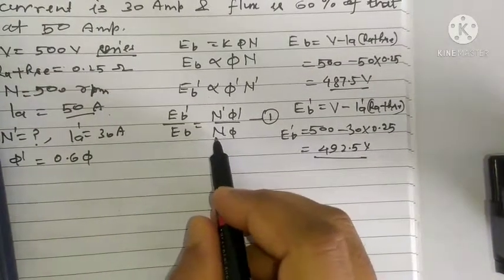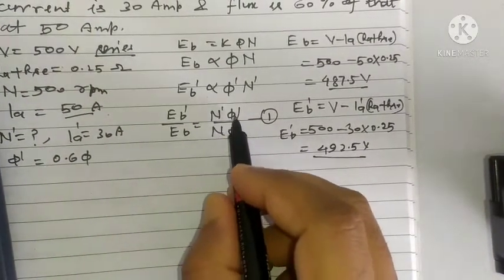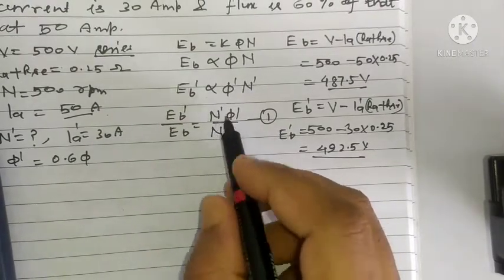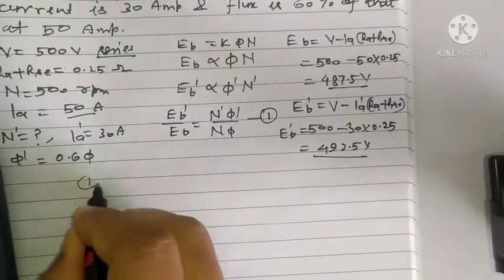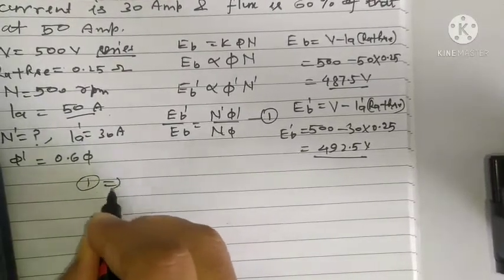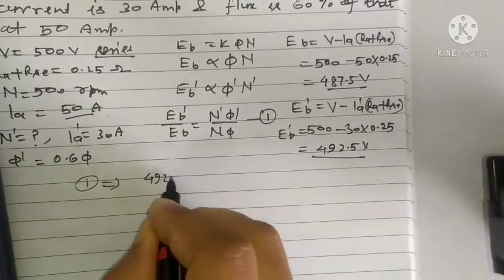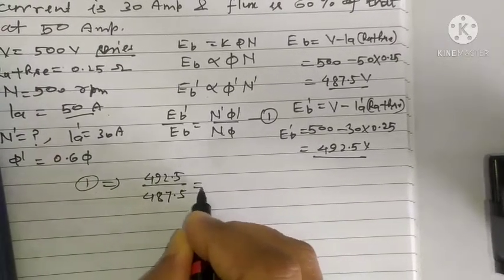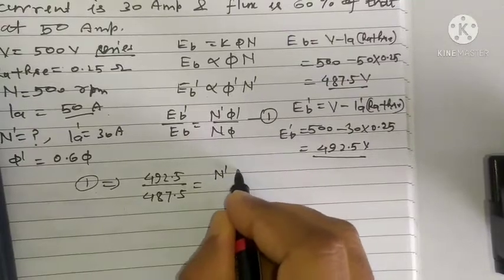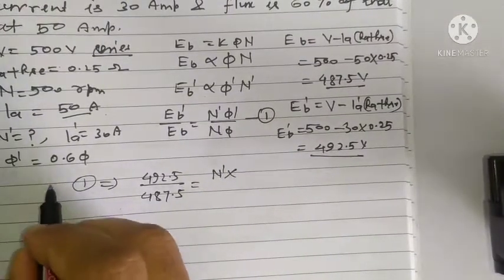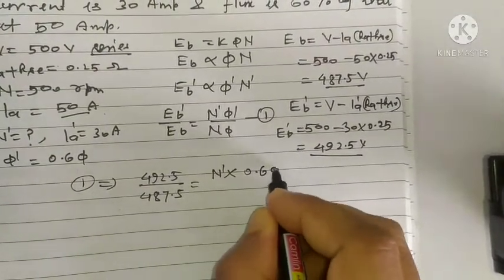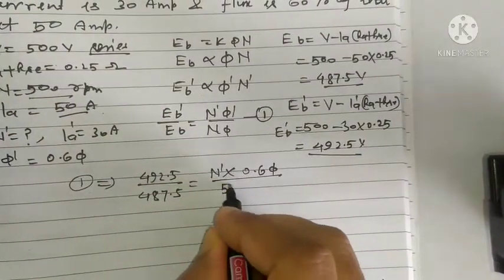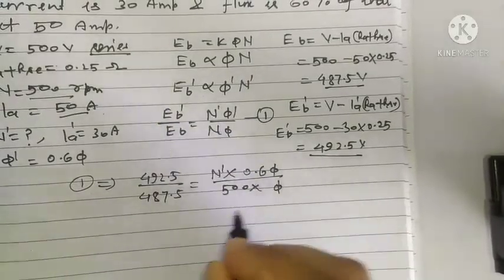Okay, so we got EB dash, and we know the relation between phi dash and phi. Only unknown is N dash. So we can use equation 1. What is EB dash? 492.5 divided by EB, we got as 487.5. N dash they are asking, and phi dash is 0.6 times phi, divided by N, which is 500 into phi.